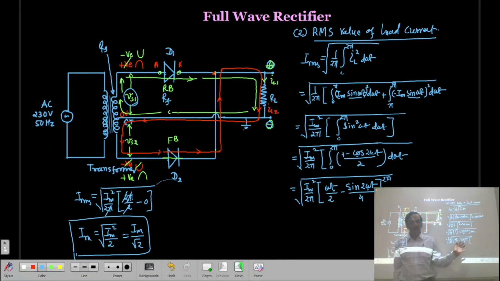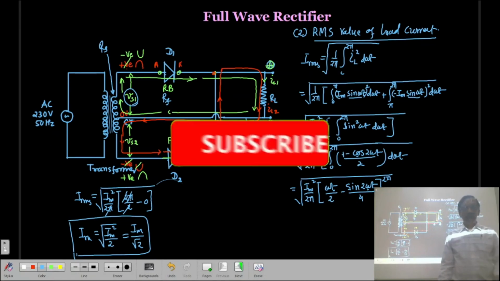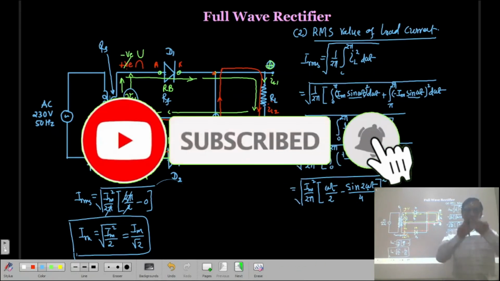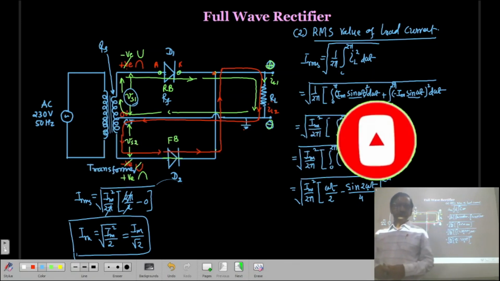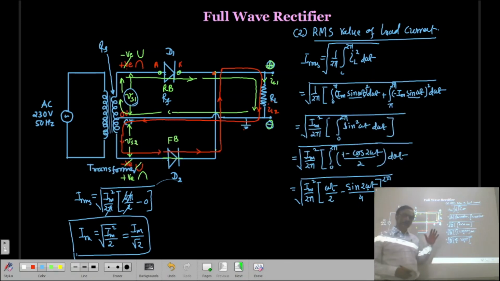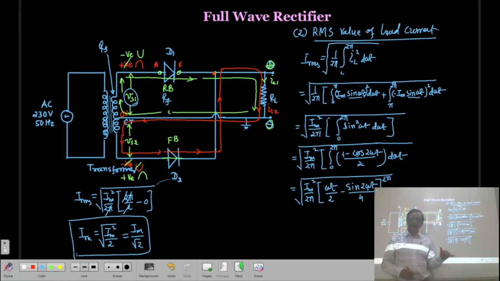In full wave rectifier also this value is Im by root 2. Why is it the same? The shapes of the signals are different, but the RMS value is the same, because whatever negative cycle is there in the AC, when we take the square of the function, it is going to be positive. And in that case, the shape of the full wave rectifier and the AC signal is going to be the same, and that's why the RMS value is also the same.